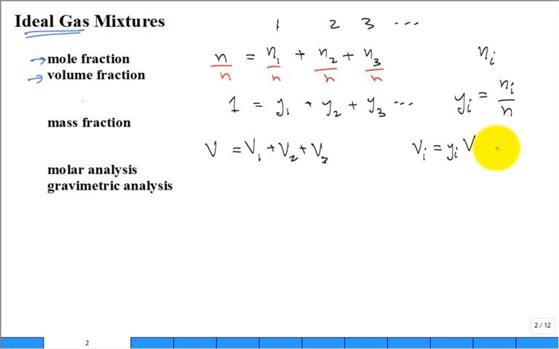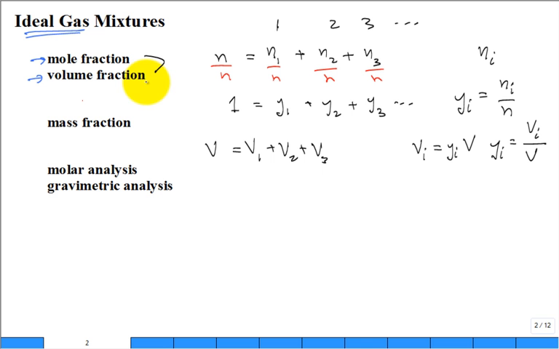Another way of saying it, the mole fraction is the volume occupied by that particular species divided by the total volume. The mole fraction is equivalent to the volume fraction for ideal gas mixtures. So sometimes somebody will say, by volume it's 10% this, 20% this, 60% this. Well, they just told you the mole fractions, even though they said by volume.